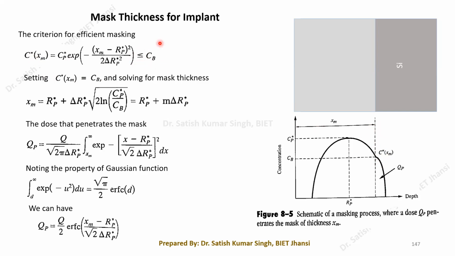If the dopant concentration is less than the background concentration of the silicon, then the type of the silicon substrate doesn't change.